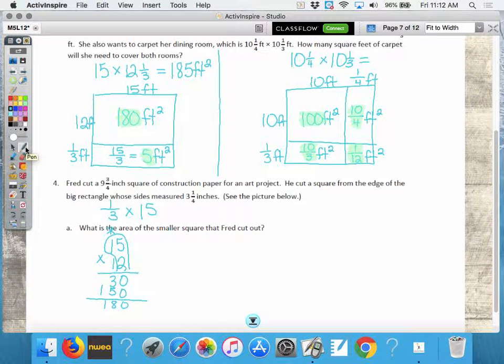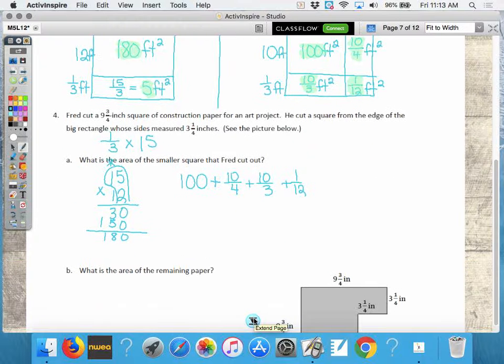Okay, so let's write the problem. I'm going to write 100 plus 10/4 plus 10/3 plus 1/12. And I'm going to solve that problem, and then I'll go back up and finish the other one. Okay, so how am I going to do this? You can multiply.